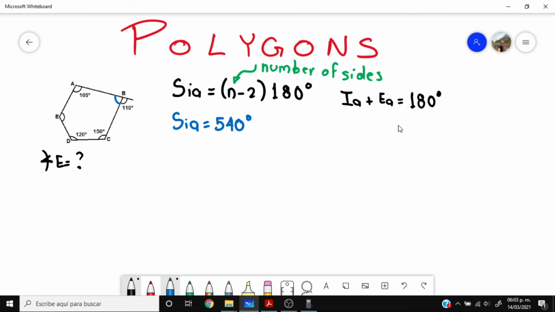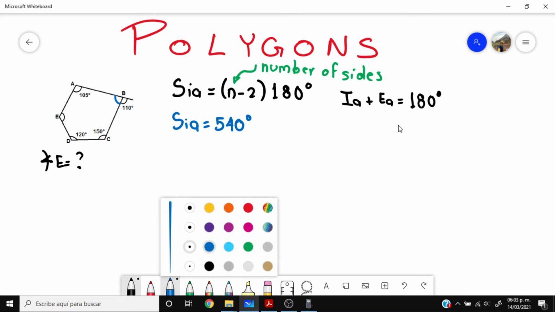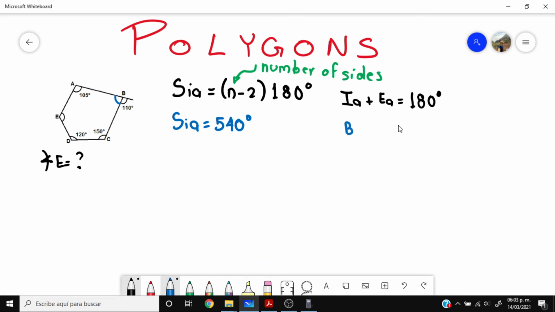That can be written like this: the angle B, that is the interior angle, plus the angle B prime, which is how I'm calling the exterior angle, equals 180 degrees.